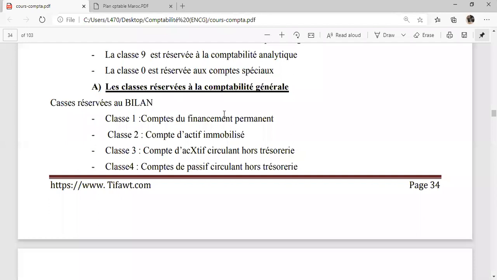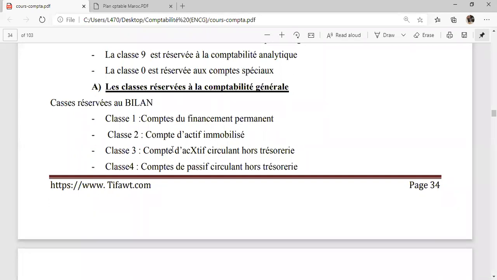These are permanent, so they exist in a business for a period of, if it's a debt, its repayment is more than a year, strictly more than a year. And we move on to class 2, which is compte d'actifs immobilisés. So this is an account of the fixed assets that a business possesses.